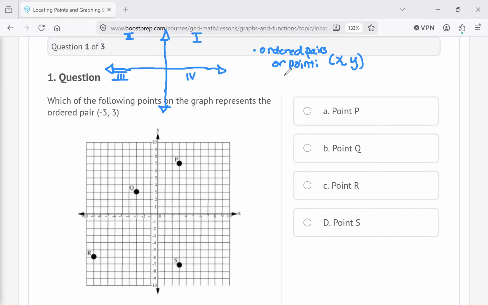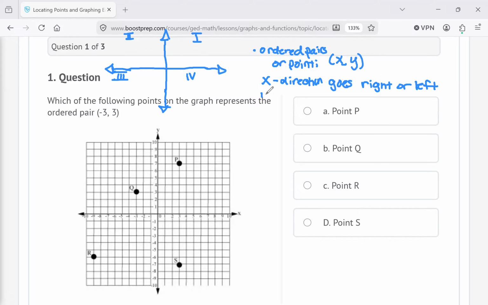So the x direction goes right or left. And then the y direction goes up and down.